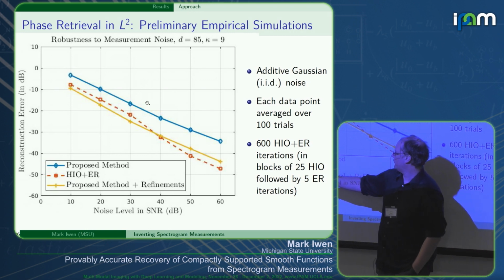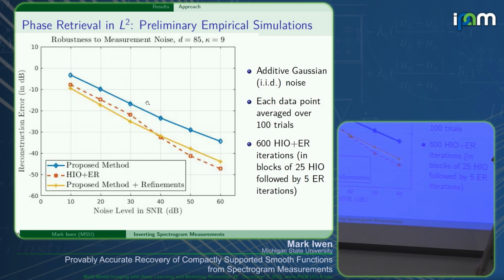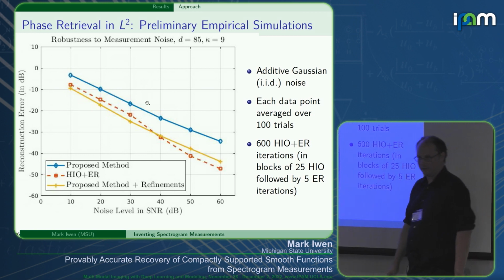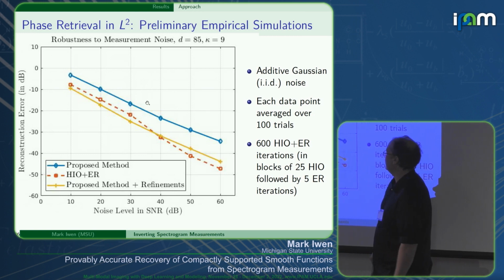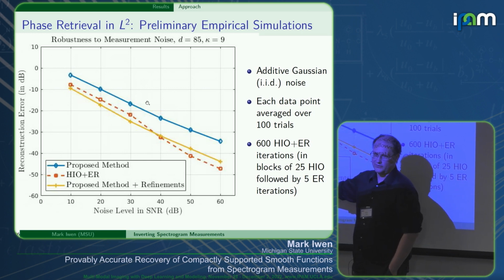And for the sake of comparison, this is HIO plus ER, which I'm told by ptychography specialists is still one of the standard go-to methods for recovering functions from measurements like this.